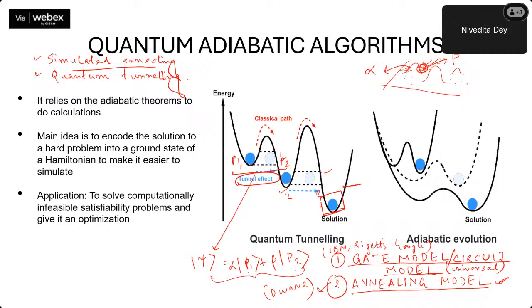In the annealing model, D-Wave uses a different data structure called the chimera graph. There are a lot of error terms associated with it, but because of its scalable architecture, they are able to incorporate more qubits. But again, I'm telling you, more qubits does not necessarily imply a better outcome or any sort of superiority of quantum hardware. I hope that is clear.